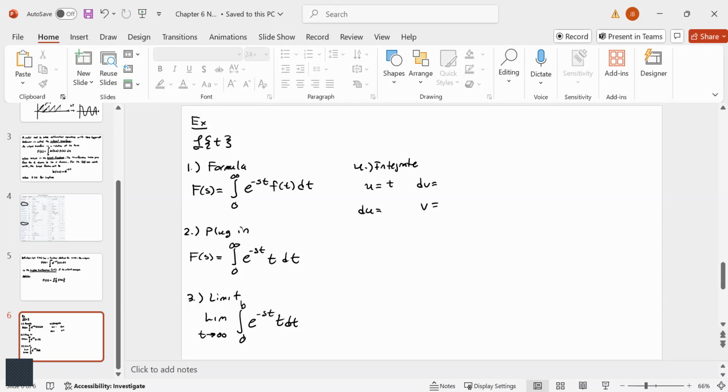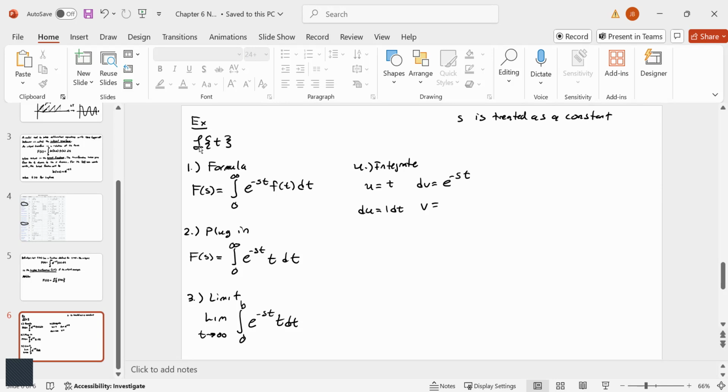So when you take the derivative of t, you get 1 dt, right? And then if you integrate e to the negative st, s is treated as a constant because we're integrating with respect to t, not s.